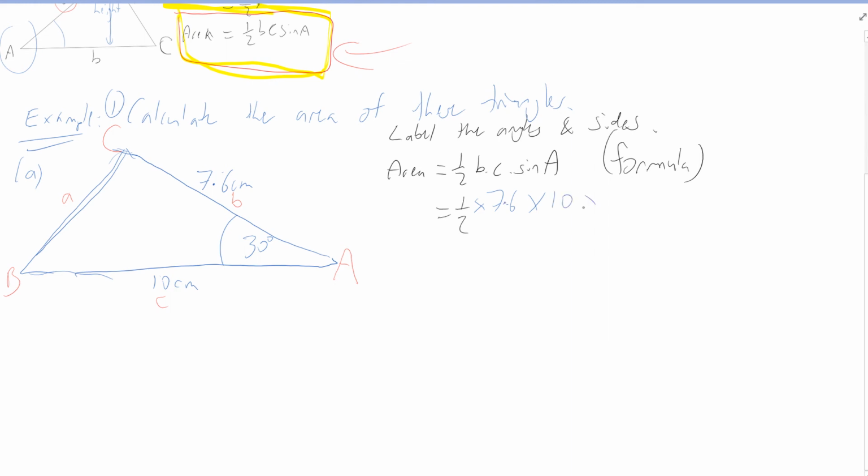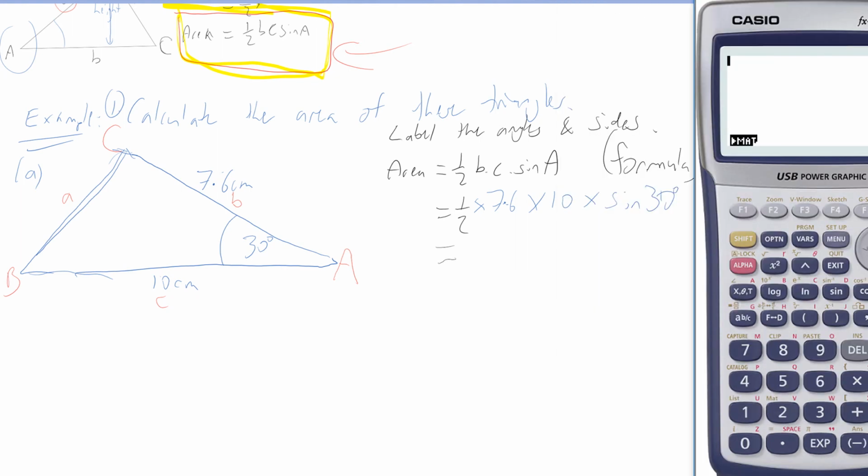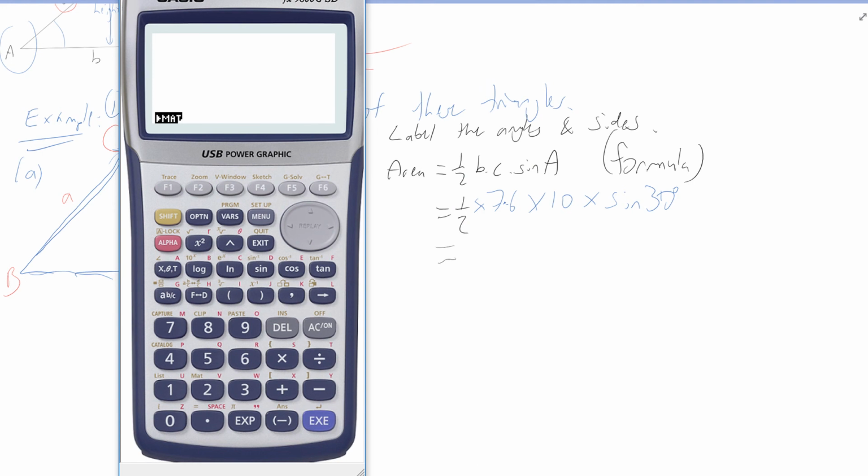And then times the sine of A, and the A is the 30 degrees, so sine of 30 degrees. And then we grab our calculator, whack it in. So 0.5 for half times 7.6 times the sine of 30 degrees, and we get 1.9 centimeters squared as our answer.